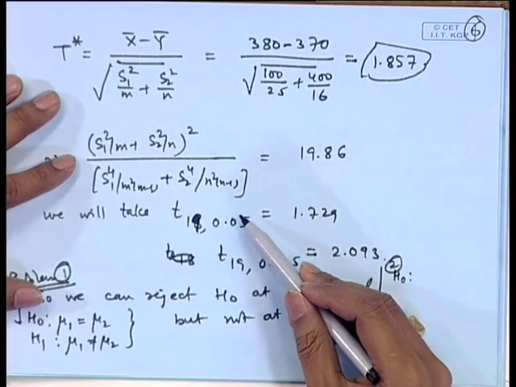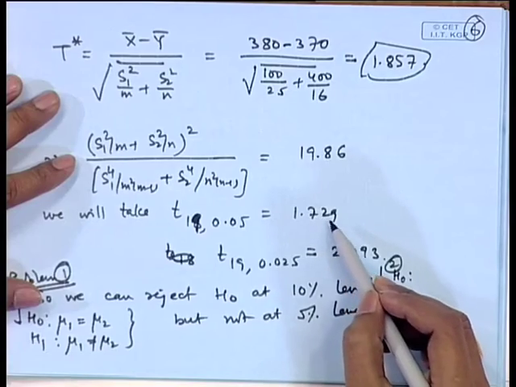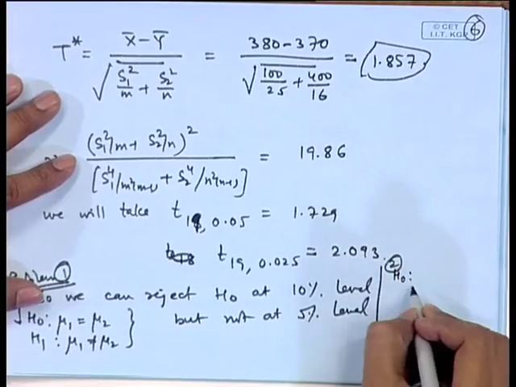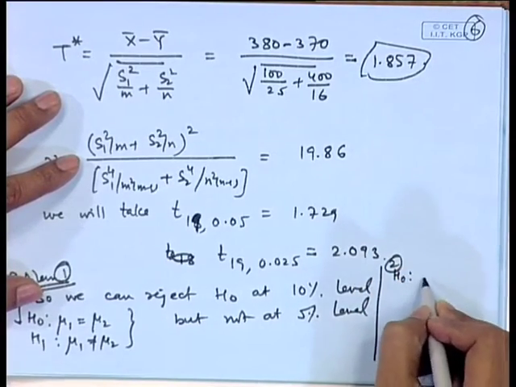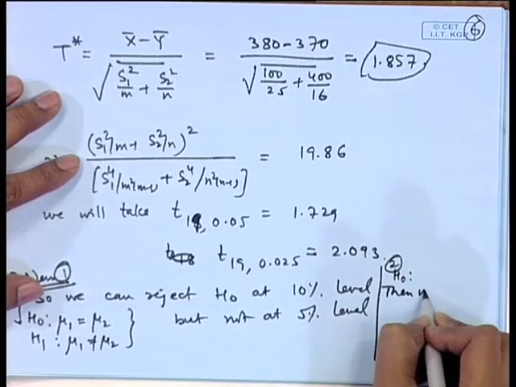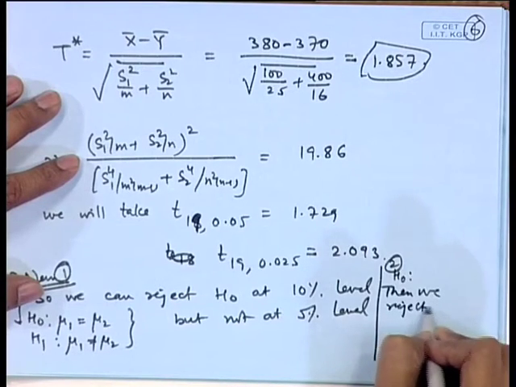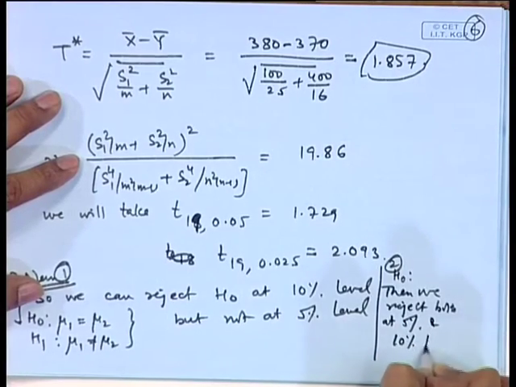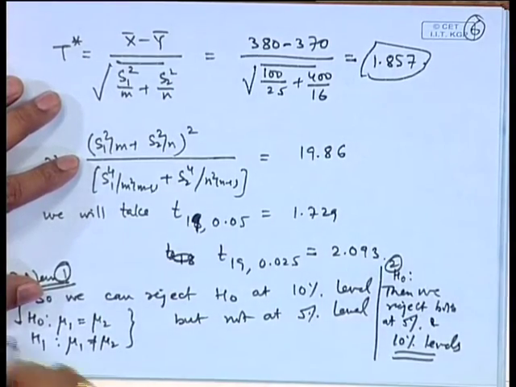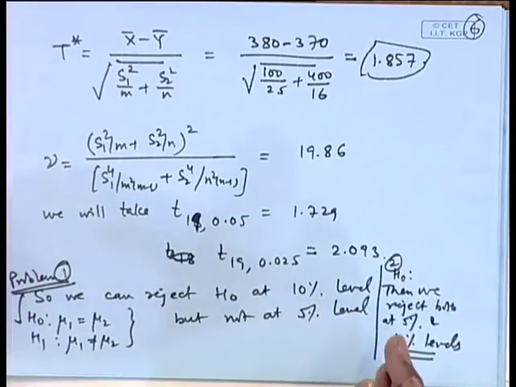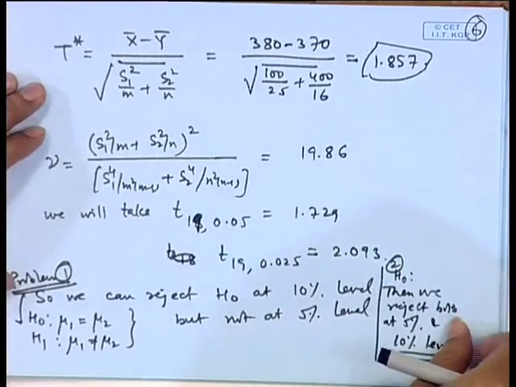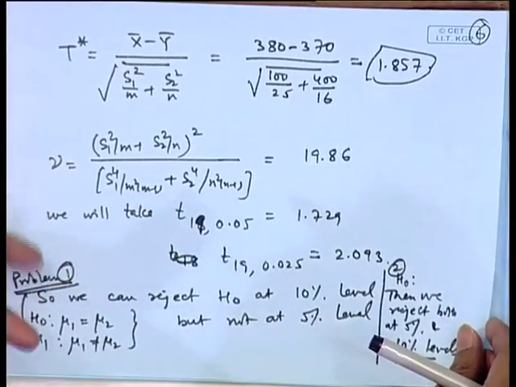So, at 5% level you will be rejecting, and then we reject both at 5% and 10% levels. However, if you consider say 0.025 level, then you will not be rejecting here. So, this test is slightly more sensitive here.